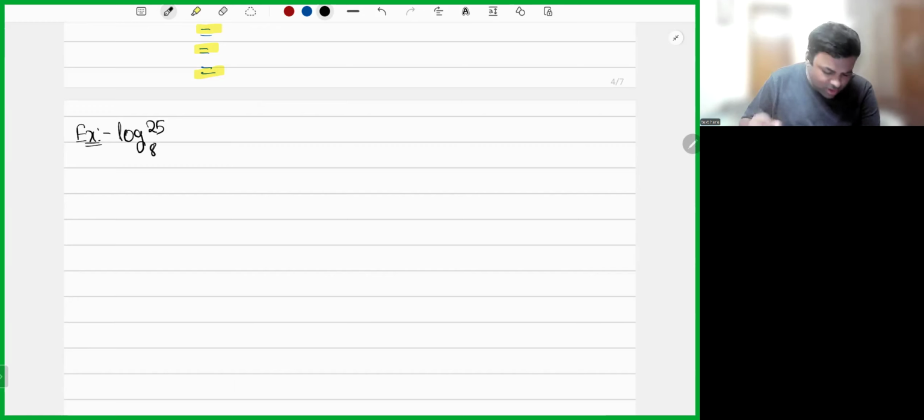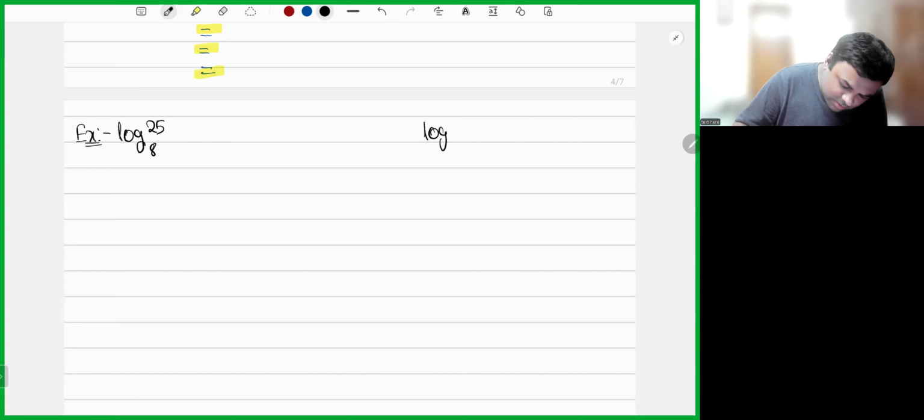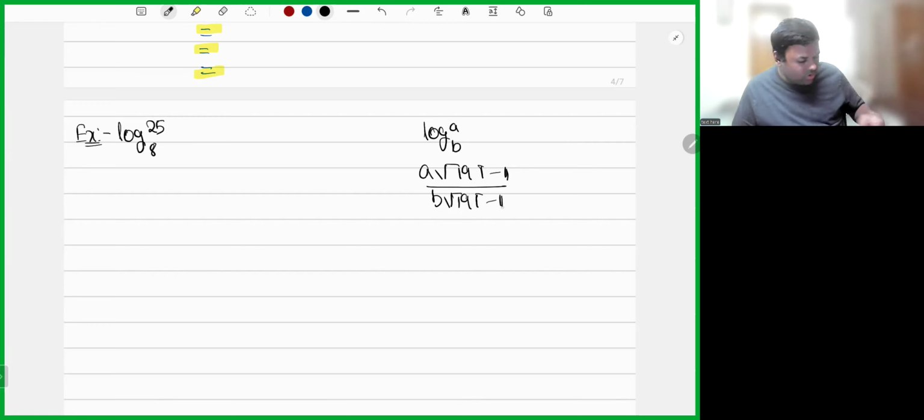How will you calculate? If log A base B is given, first you will do the numerator: A under root 19 times minus 1 divided by B under root 19 times minus 1. Sir, why under root 19 times? We'll get the correct, exact answer.